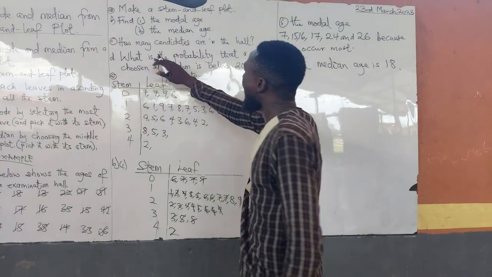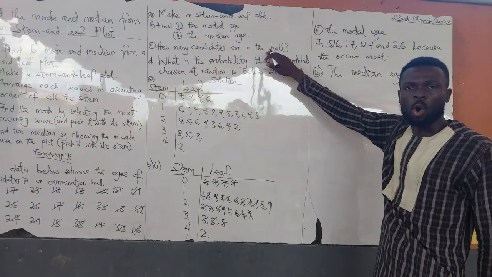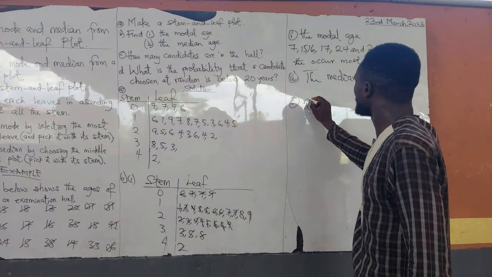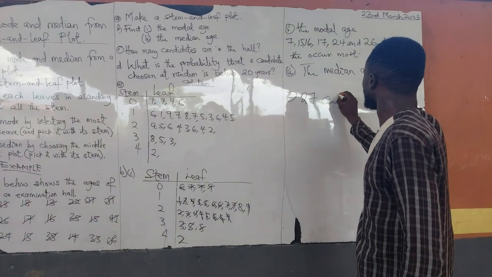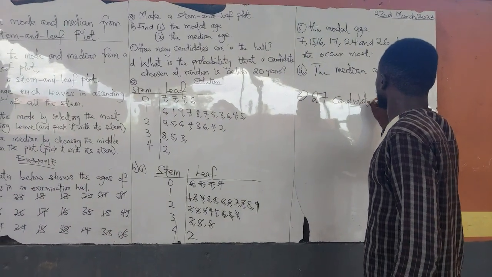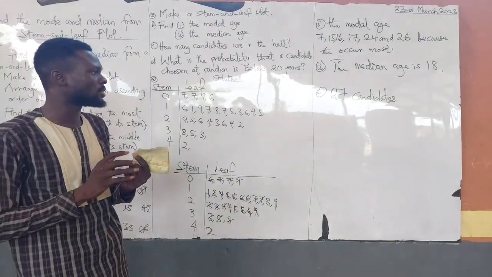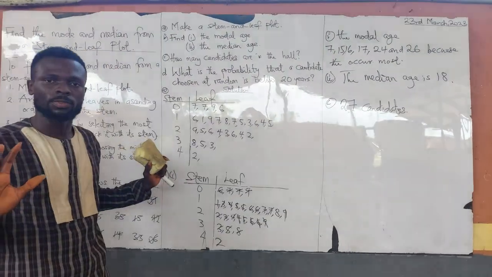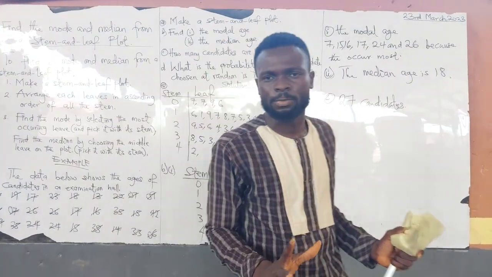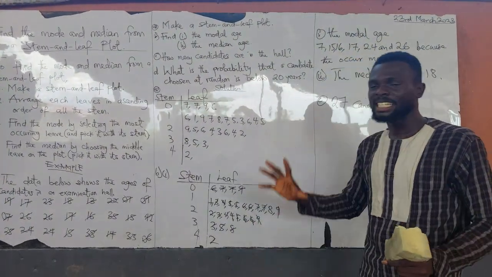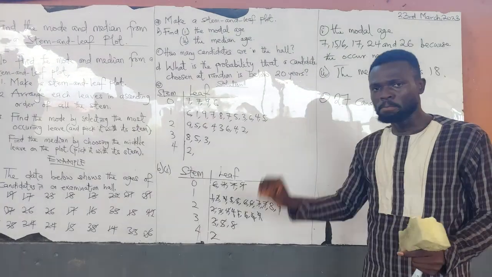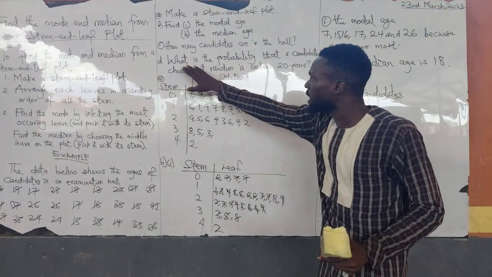How many candidates are in the hall? We have 27 candidates. Then we write it down: 27 candidates. And this is how you solve for the mode and the median in a stem and leaf plot. Then we have the next one.